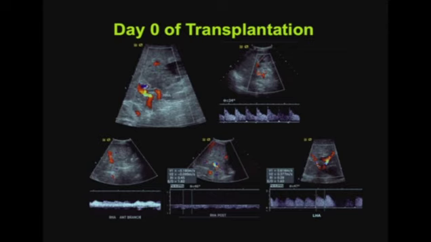So here's one patient on the day of transplantation, had a study. We see the hepatic artery here in the hilum with a relatively normal waveform, but more distally within the liver, we see that the arterial waveform really looks quite different.